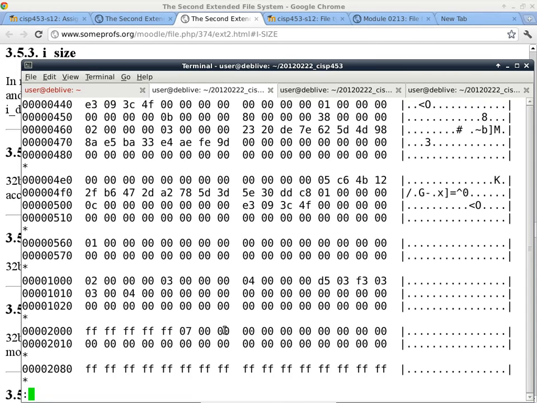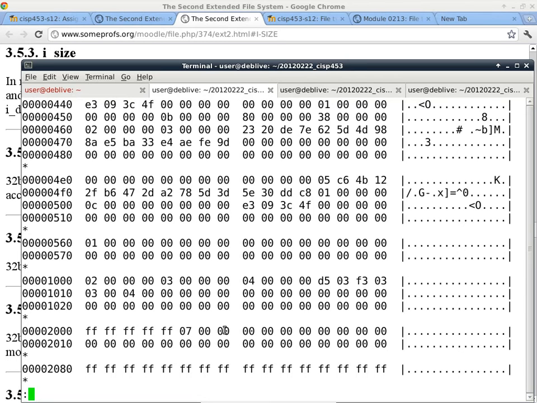I mean it has 128 times the number of entries per inode table, which is 128 kilobytes in this case. Because there's 1 kilo entries, and one entry has 128 bytes. So that's why we have to read in 128 kilobytes for the entire inode table. Is that making any sense?